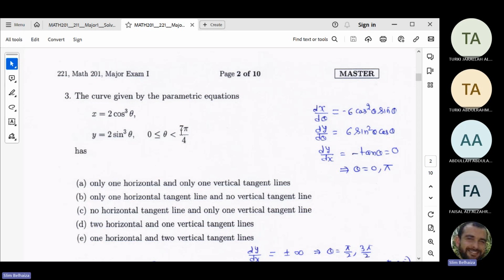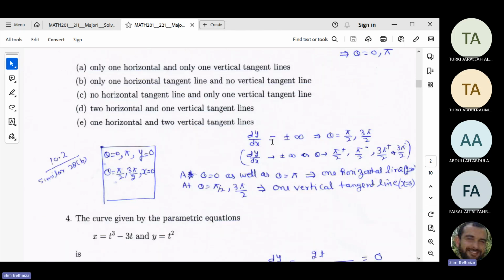Whatever happens, whether theta is pi over 2 or 3 pi over 2, you're going to have just one vertical tangent line. There is more explanation here: they're finding the points and explaining why we have one horizontal line, as we just explained, because the two lines are superposed: y equals 0 for the horizontal one, and x equals 0 for the vertical one, also superposed.